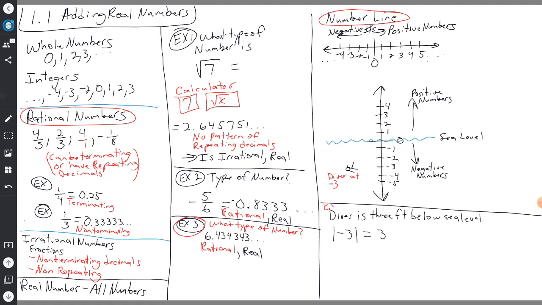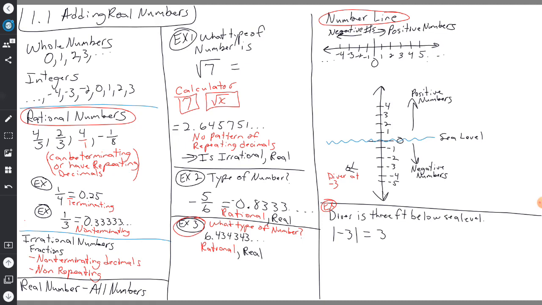So in this example here, a diver is 3 feet below sea level at that point. That's how we would describe it to someone. The diver is 3 feet below sea level.